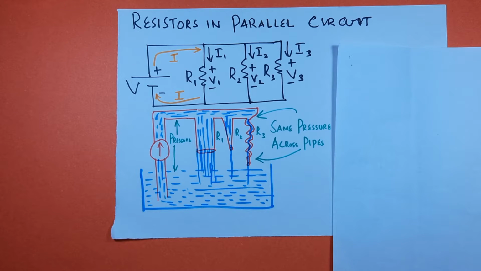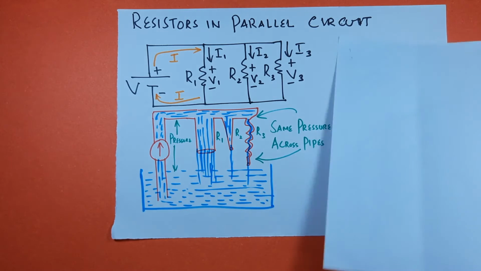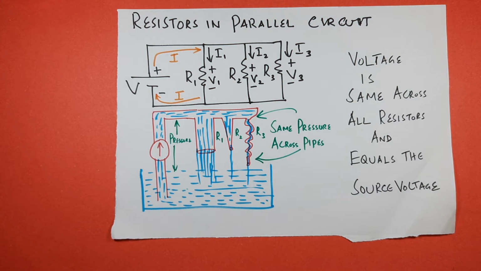Now you compare this pressure to the supply voltage V, and the amount of flow of water is nothing but the current through the various resistors. So the point to remember is voltage is the same across all resistors and equals the source voltage.